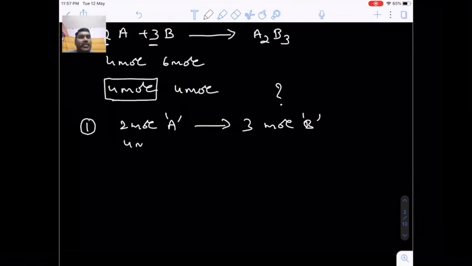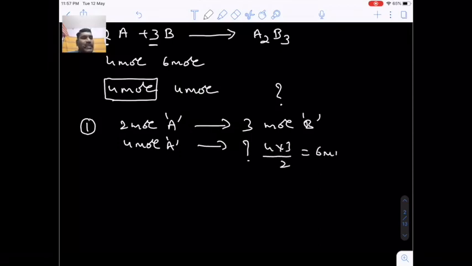Let's suppose 4 moles of A. So according to this, how many moles of B will be required? 4 into 3, that is 12 by 2. That means 6 moles of B will be required.